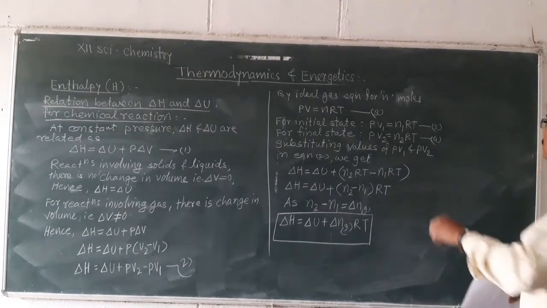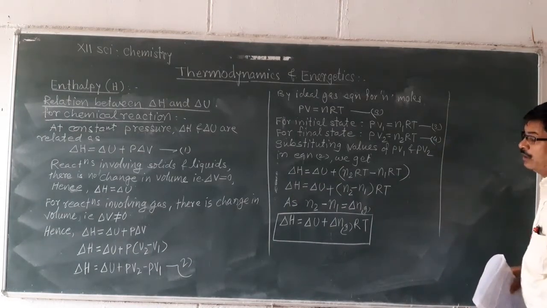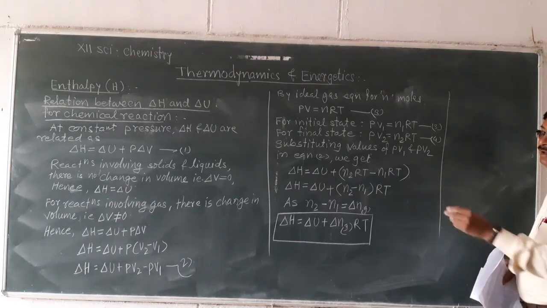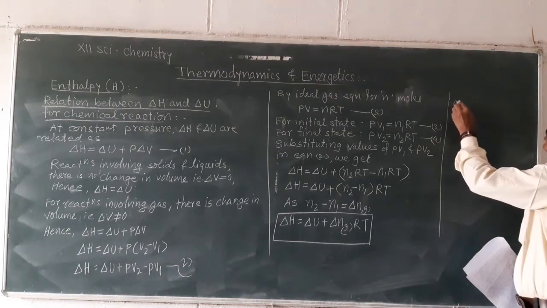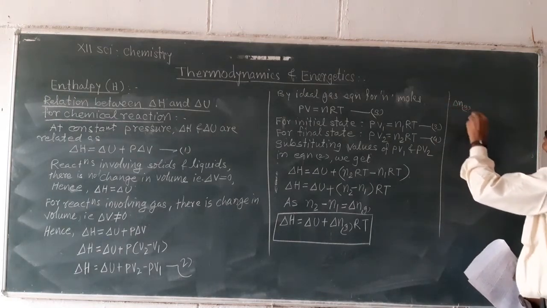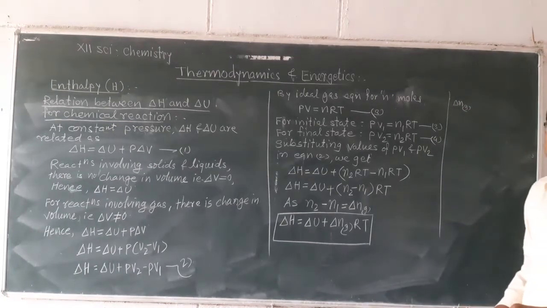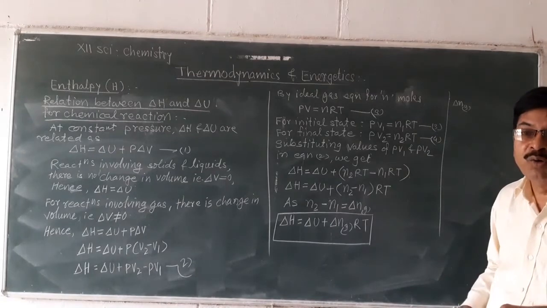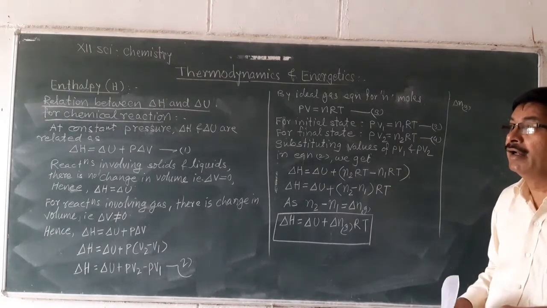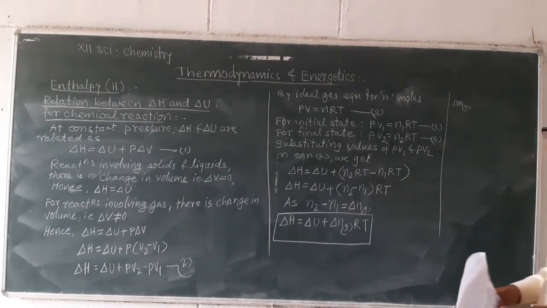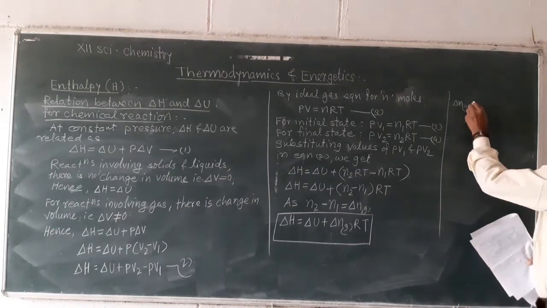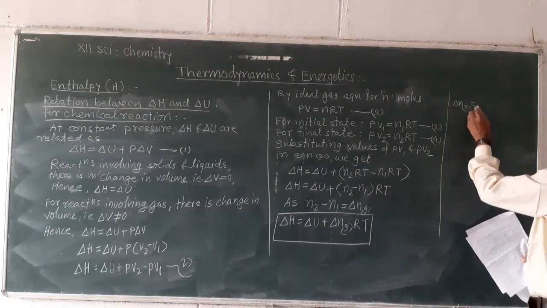Now, to solve the problems, delta Ng is very important. If a balanced thermochemical reaction is given and you have to calculate delta Ng from that balanced equation, for that purpose this equation is very important.